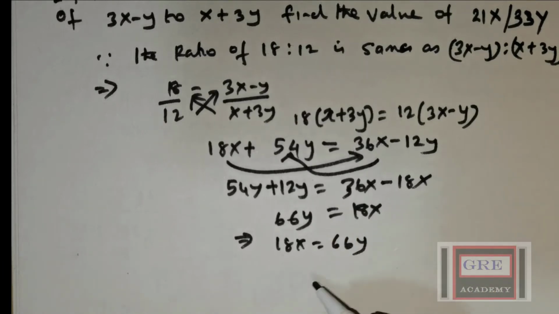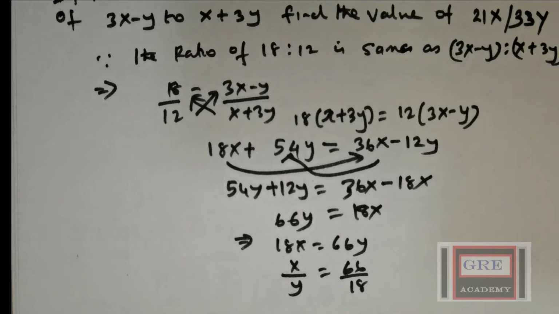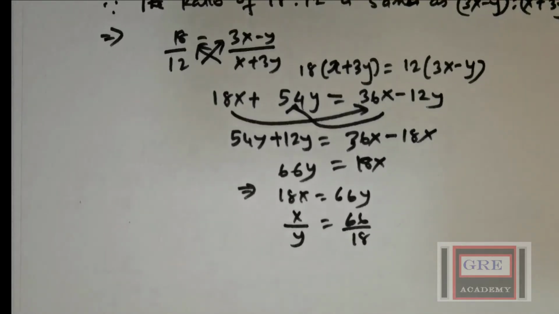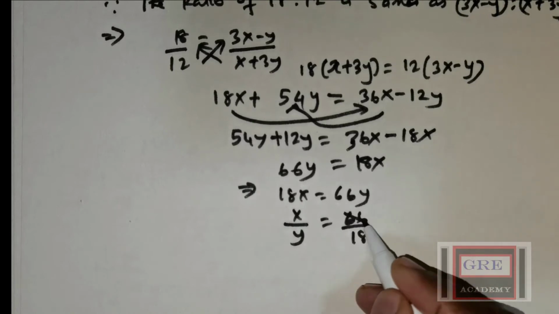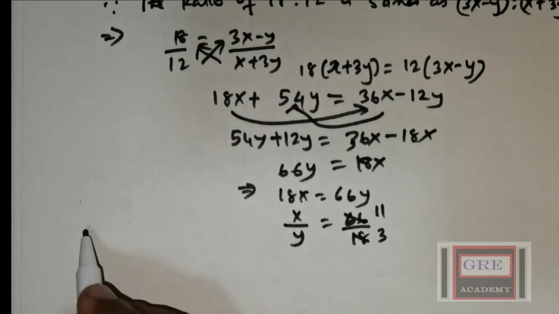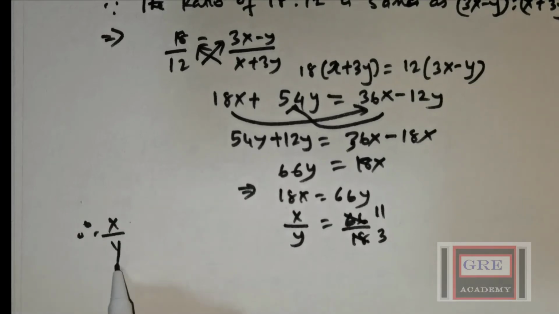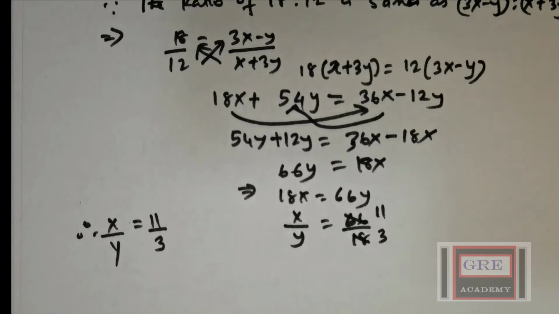Now if I write this as x divided by y, then this is going to be 66 divided by 18. Now you can try to reduce this, say by 6. 6 goes here 11 times, 6 goes here 3 times. So therefore x over y is 11 over 3. So this is what you have got.